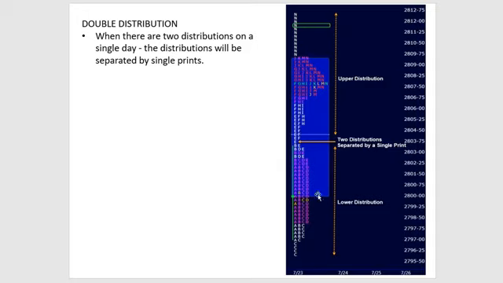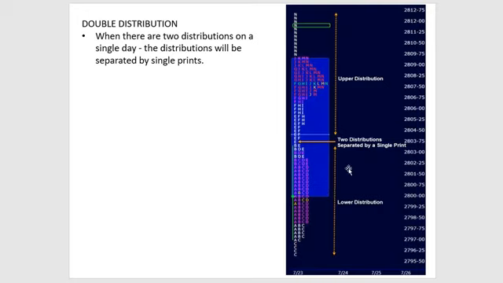These two distributions will be separated by at least one single print. Normally there's more than one. This example's got one. We treat each of these distributions as separate days or auctions. However, for looking at overall value for the day, we look at the value calculated including both distributions.